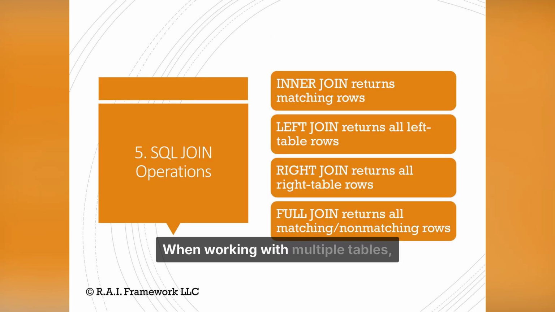When working with multiple tables, SQL join operations become indispensable. Joins are used to combine rows from two or more tables based on a related column between them. There are four main types of joins, each serving a distinct purpose. An inner join returns only the rows that have matching values in both tables.